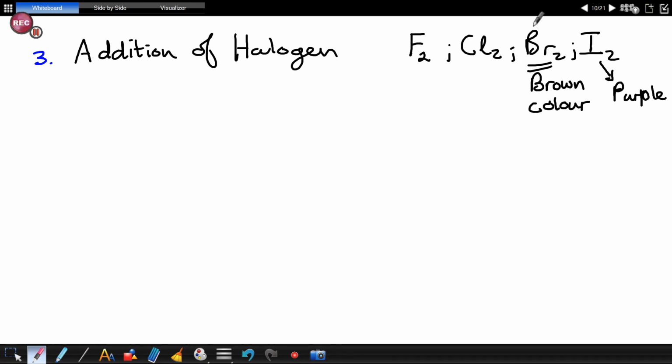And the reason why we can see the reaction is the brown color disappears or the purple color disappears. So the reaction is a fast reaction. What do they say? For halogenation, no conditions whatsoever. So there are no conditions here.